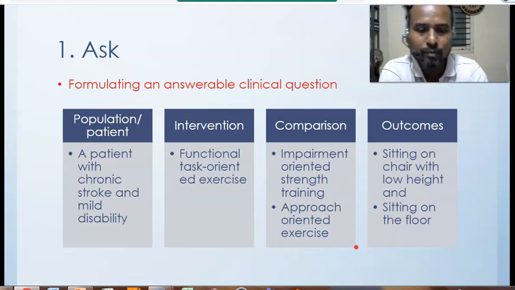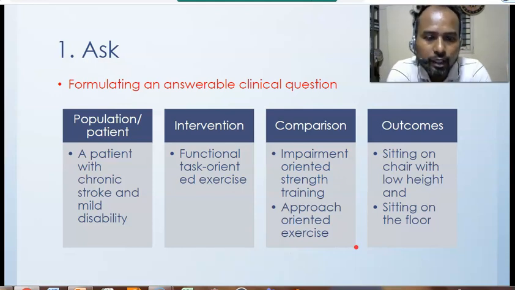Usually, like I mentioned before, it involves giving some strength exercises, isolated movements, or having a weight cuff, or doing bridging activities or stepping activities, and so on, to improve lower limb strength, and from there it is expected that improvement in lower limb strength will lead to improvement in sit to stand, right?